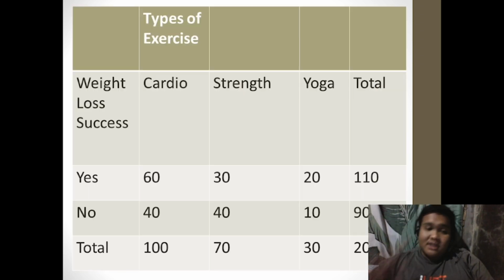You can see the table of weight loss success and type of exercise: cardio, strength, yoga. Cardio weight loss success yes is 60, and with strength they can lose weight. Totals are 110 and 90.